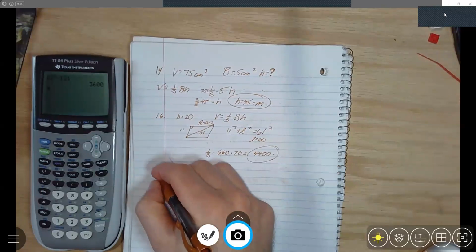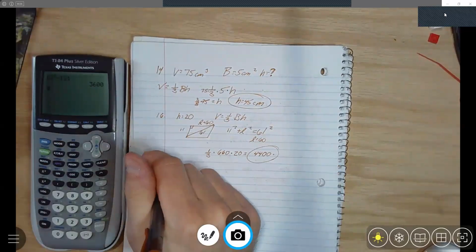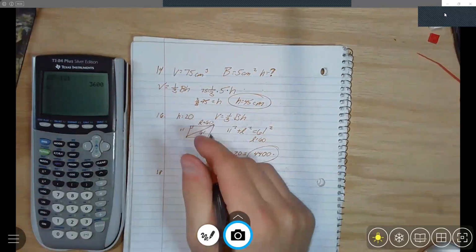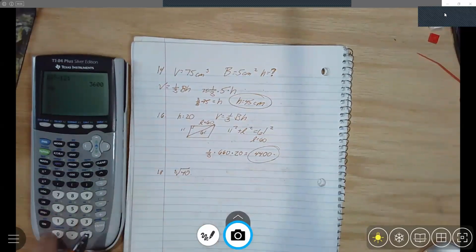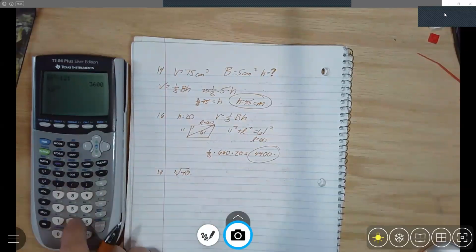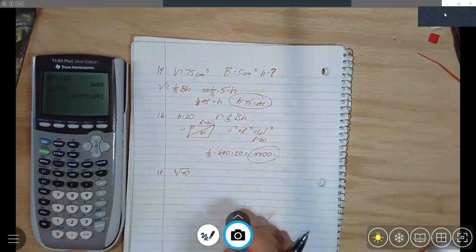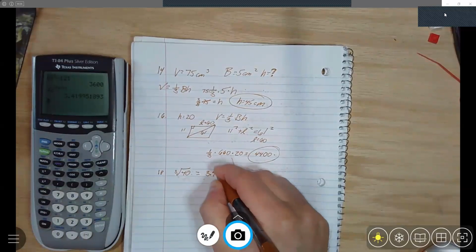All right, 18. Approximate the cube root of 40 to the nearest 10th. So cube root of 40. So remember, I need to calculate and do that two ways. You can take 40 to the 1/3 power, and you get 3.4.